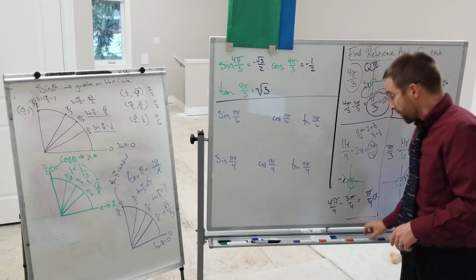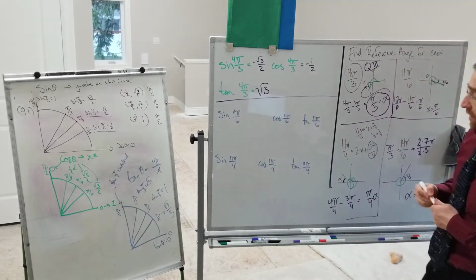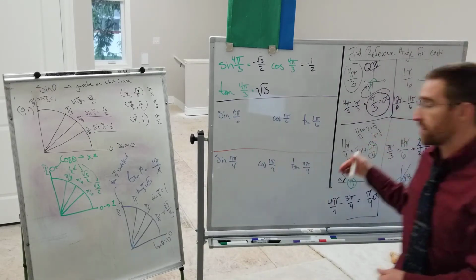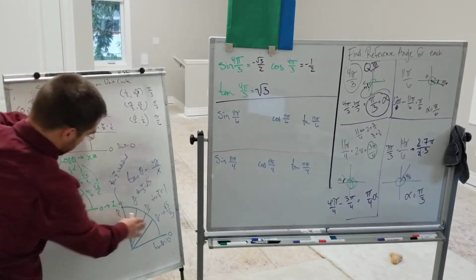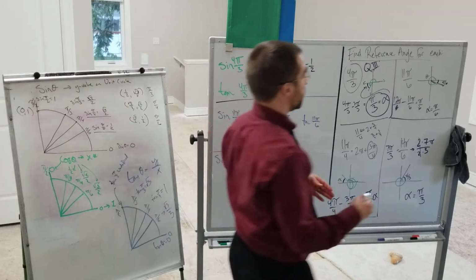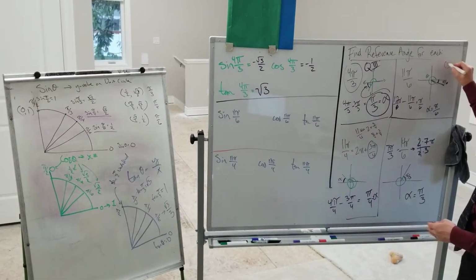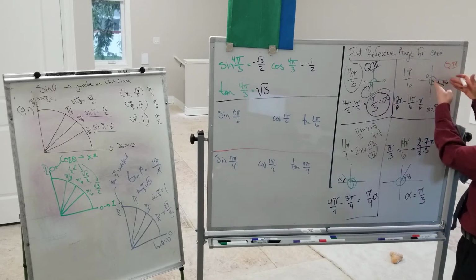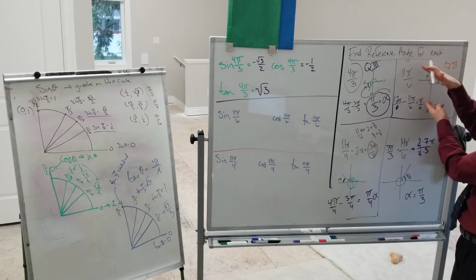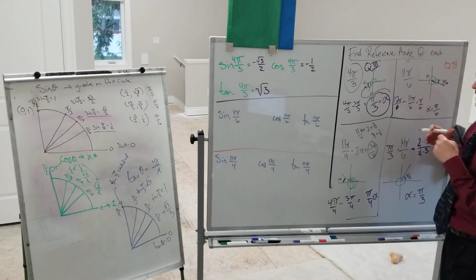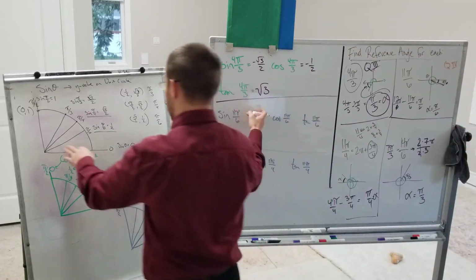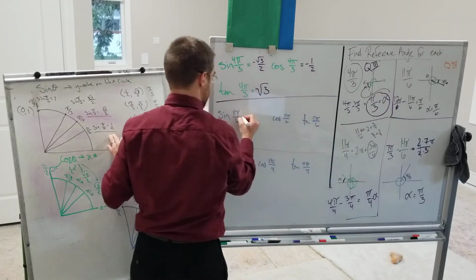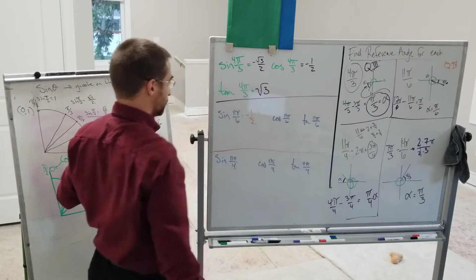All right, let's look at 11 pi over 6. 11 pi over 6 has a reference angle of pi over 6, so we're going to be looking at all the pi over 6s. And it's in quadrant 4, which means cosine is positive, sine is negative, tangent is negative. Sine of pi over 6 is 1/2, but I'm in quadrant 4, so I'm going to say negative 1/2.